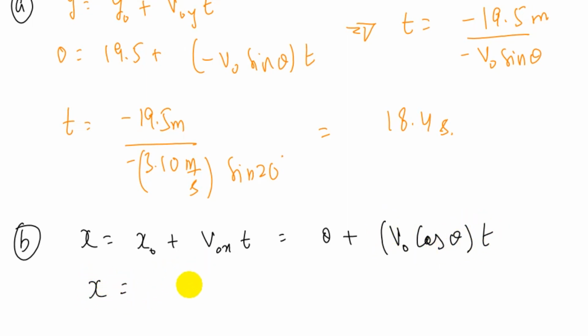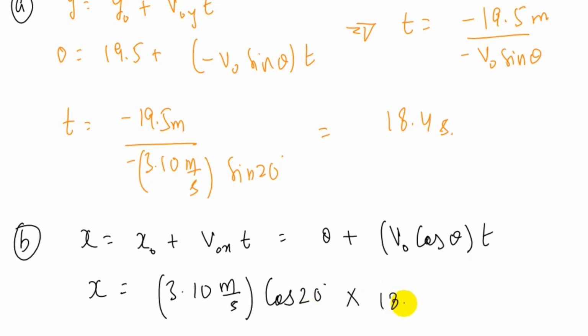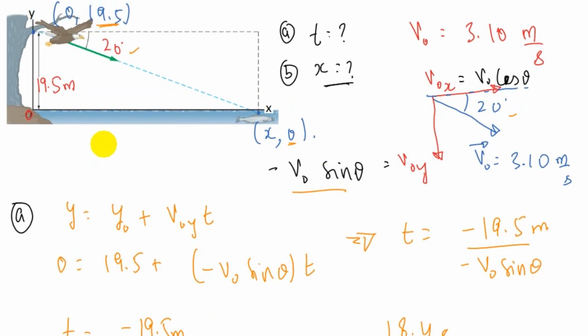x is equal to v naught, we have 3.10 meter per second multiplied with cosine theta. So cosine 20 degrees multiplied with time, which is 18.4 seconds. So on solving this, we'll get this value to be 53.5 meter. So this distance is 53.5 meter.